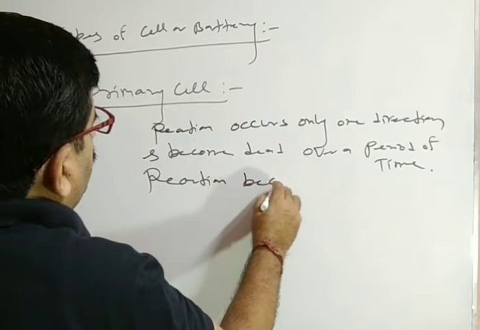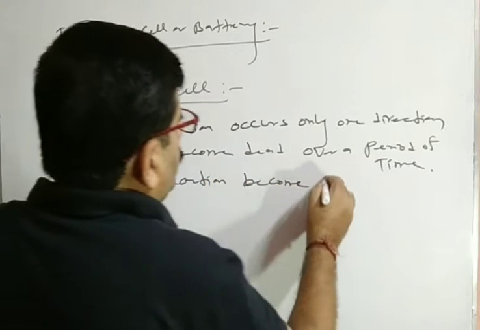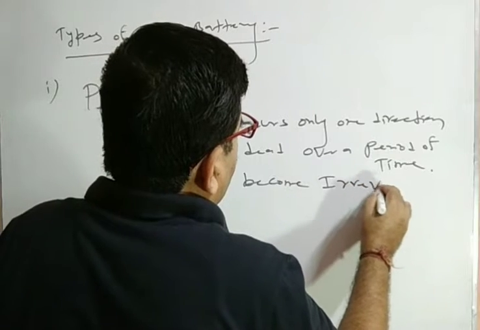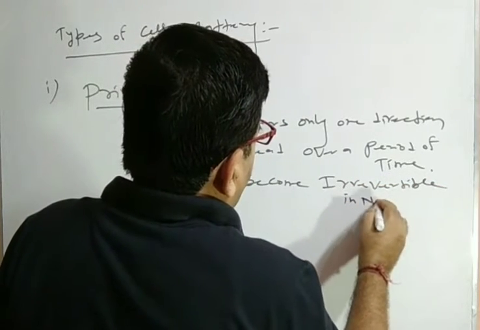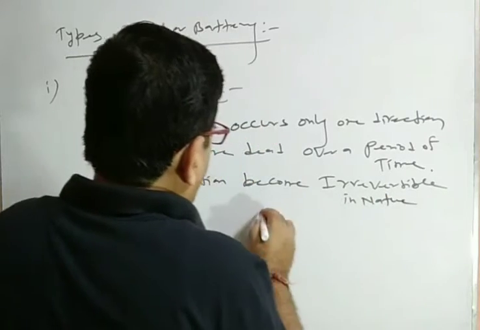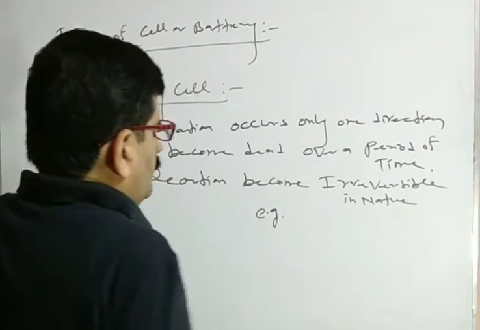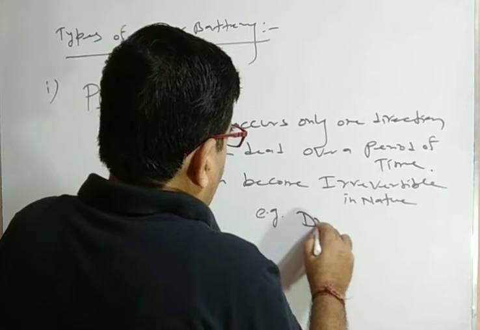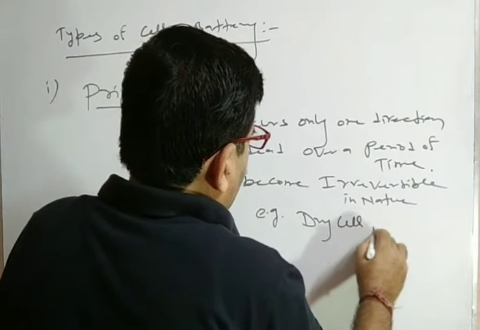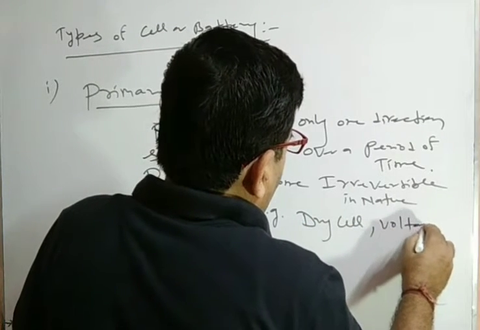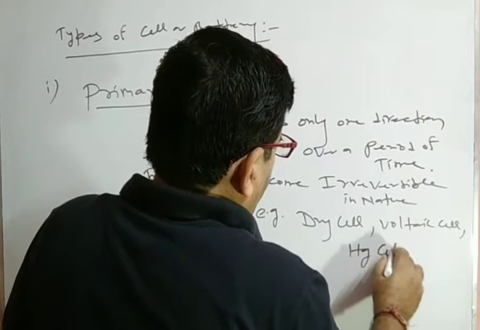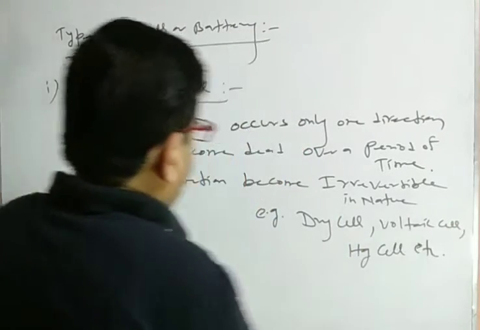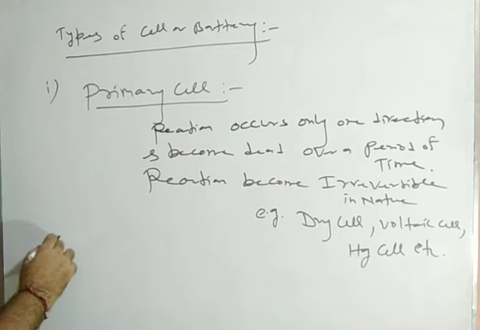The reaction becomes irreversible in nature. Examples: dry cell, voltaic cell, mercury cell, etc.